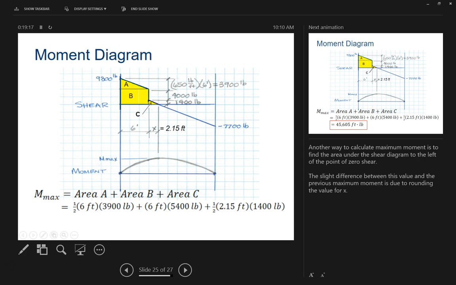So that's the area of A, plus the area of B, which is an actual 6-foot span left to right, times 5,400 pounds, because that's 4,000 plus 1,400.